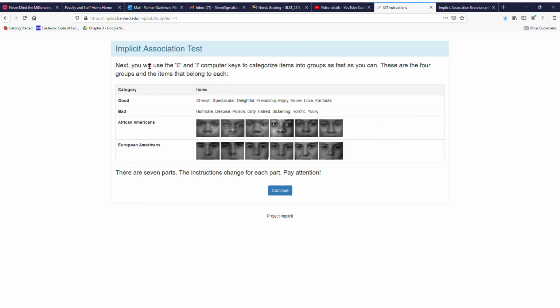Finally, you will get to the implicit association test. You are required to have a keyboard that has working E letters and I letters and a space bar. You will be presented with good words, such as are presented here, bad words, and images of African Americans and European Americans.